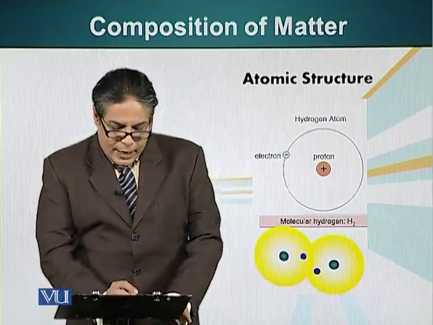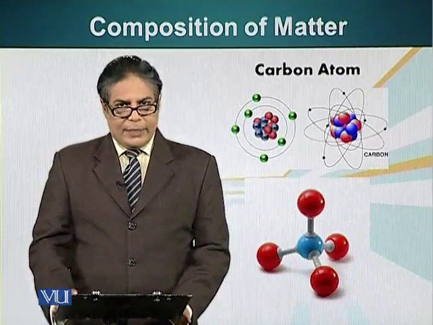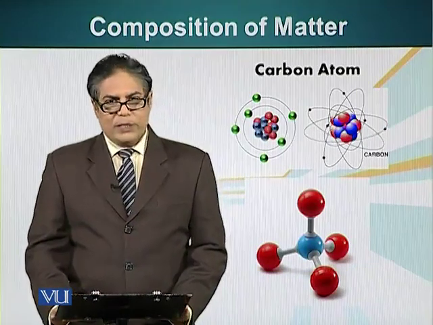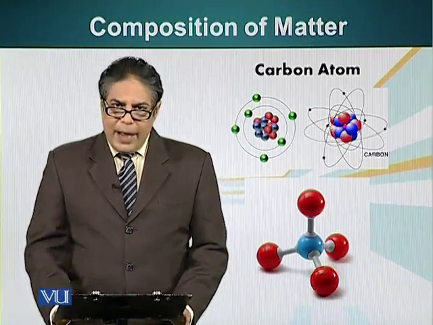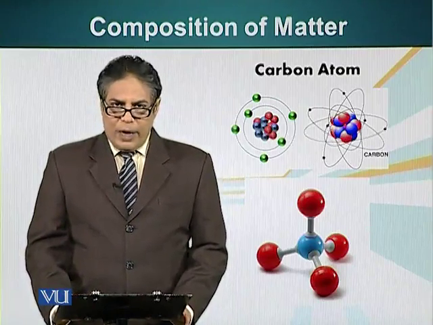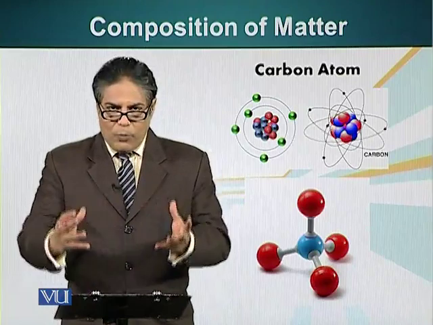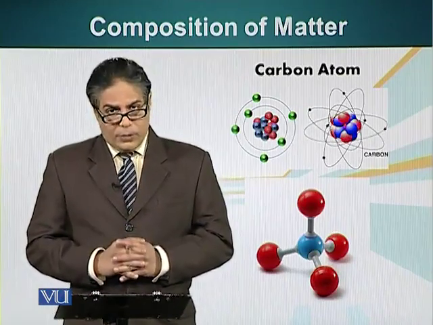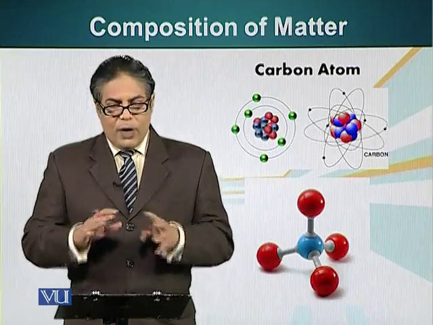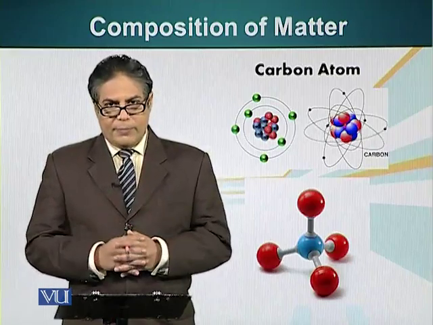Let's look at the structure of another atom, the carbon atom, which plays a very important role in living molecules. A carbon atom has 4 electrons in the outermost region. These 4 electrons are present in 4 different orbitals.